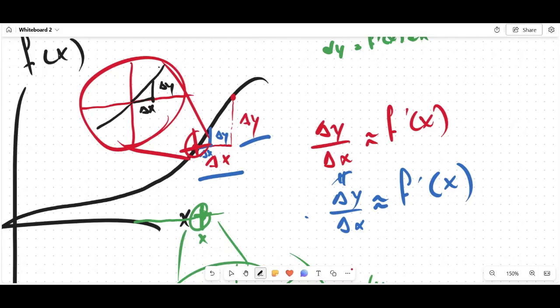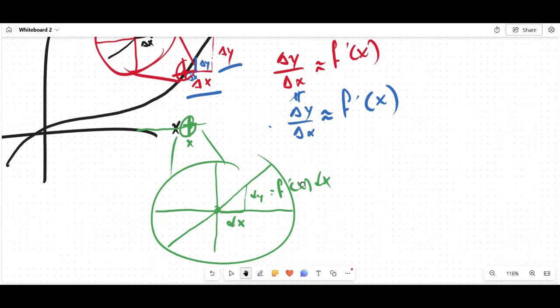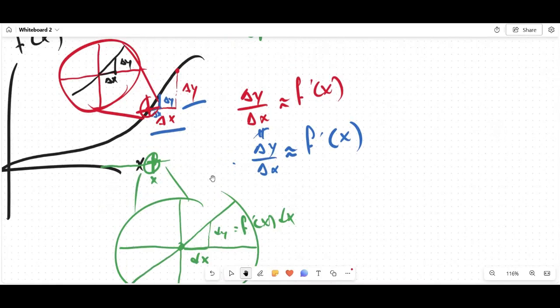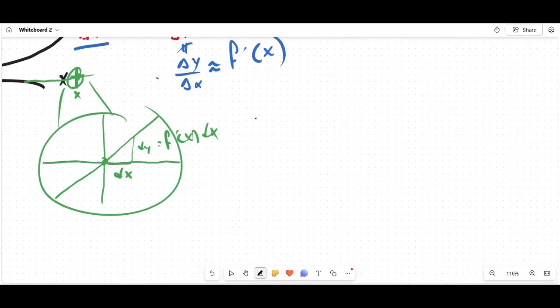Delta y is how much the curve actually went up. Delta x is how much you went over. Down here now, dx, still how much you went over, but dy is how much the straight line changed. So the whole reason for all this notation is just to keep the ideas of how much the actual function changed and how much the linear approximation changed separate from one another.